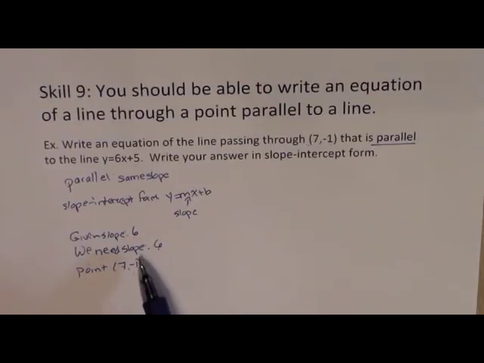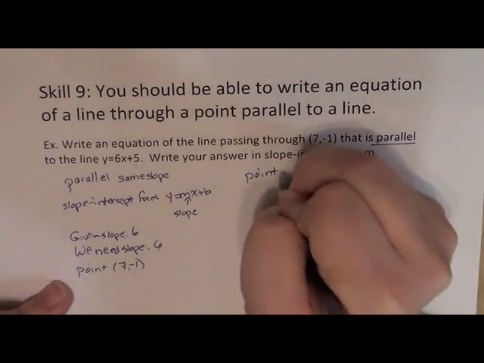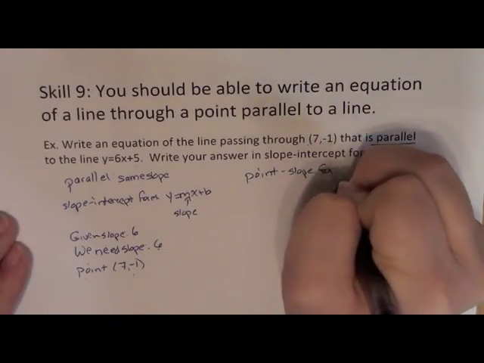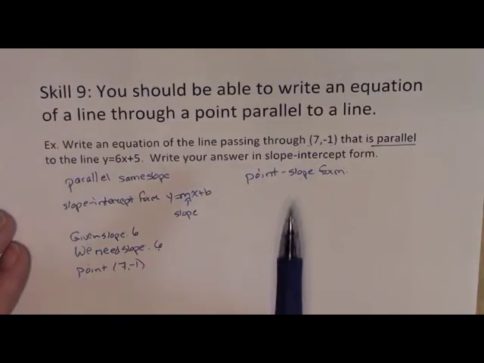When I am given a slope and I am given a point, I tend to use the form called the point-slope form. It's designed for when you have a point and you have a slope.